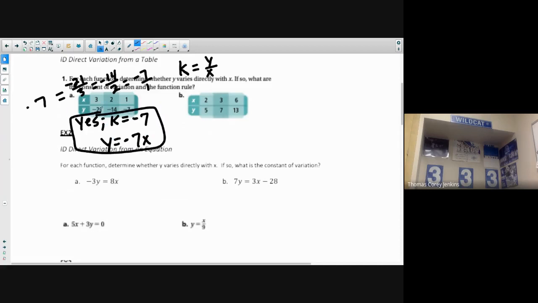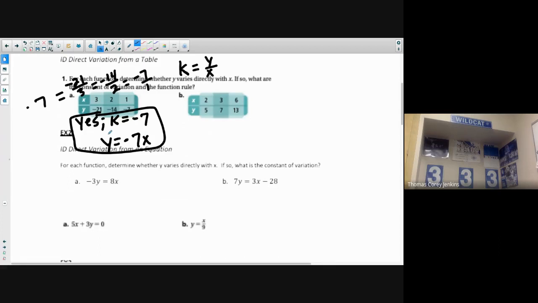Just so you know, you can always double check your rule. If I plug in the input values, does it get me to the corresponding output values? If I plug in 3 for x, it goes to negative 21. If I plug in 1 for x, I get negative 7. So that's how you can double check your work.